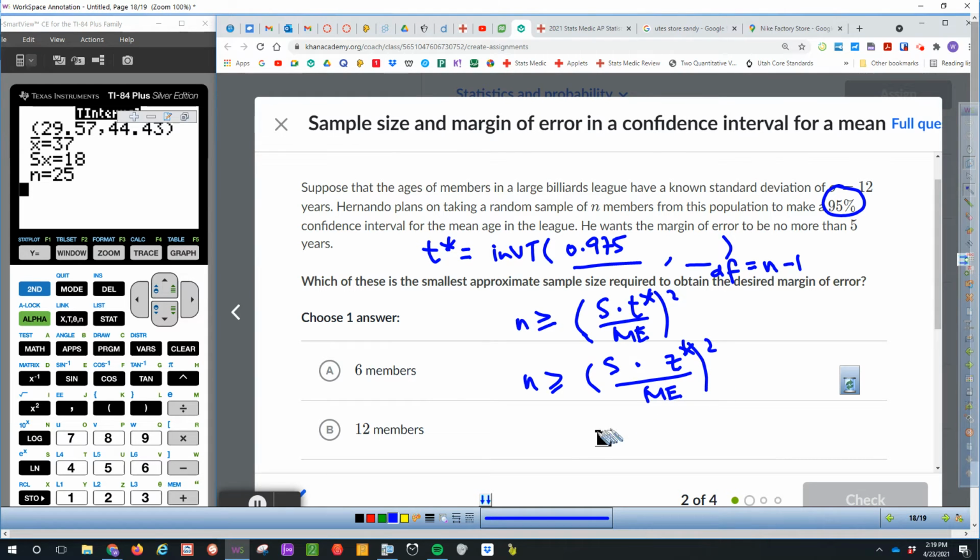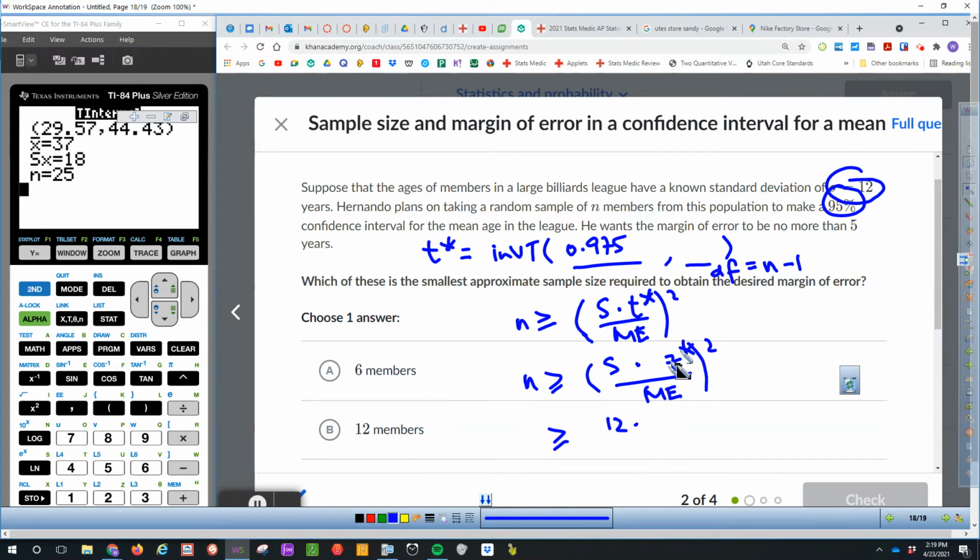In this case, what is my standard deviation? 12. Since we know the standard deviation of the population, we can use z.